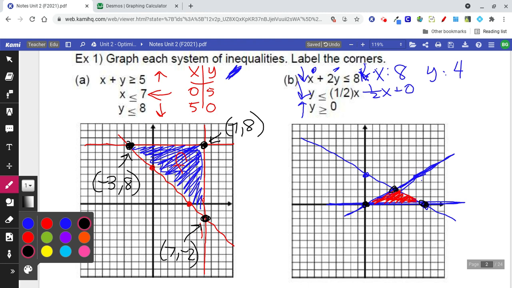Those are the corner points, and those are going to be really important. So this one is 0, 0. And this one is over 4 and up 2, so 4, 2. And this one is 8, 0. We're going to need those corner points for something we do later.